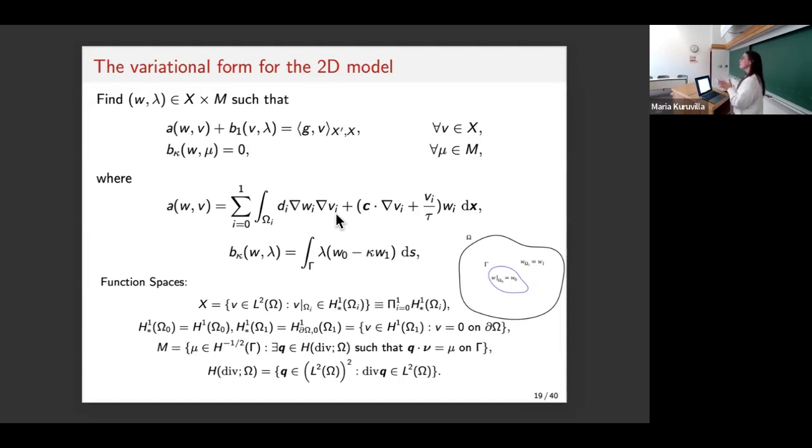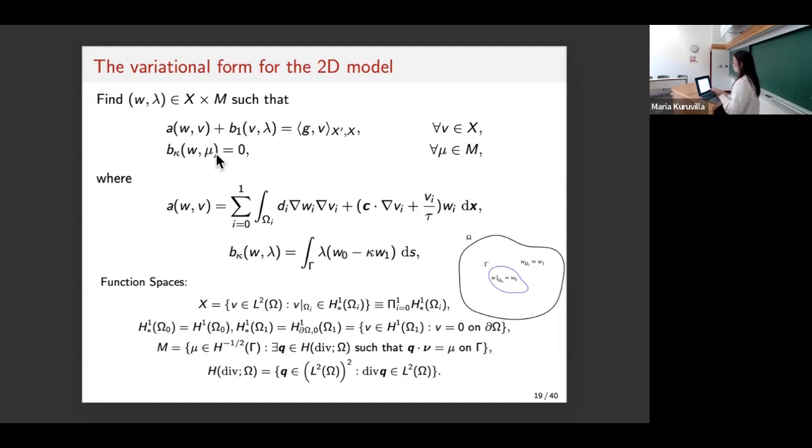I'm weakly imposing my interface conditions, so I don't have to strongly impose them on my functional spaces. These are my function spaces here. And you can see that in X, where my solution should lie, I don't have my interface conditions imposed, because they're being captured by the addition of B1 and B5.